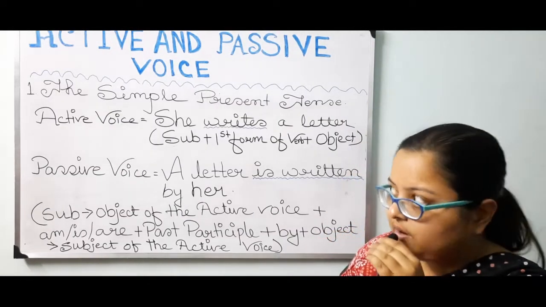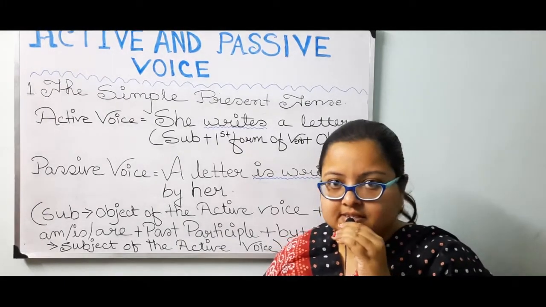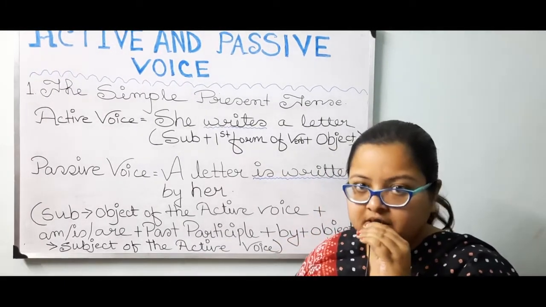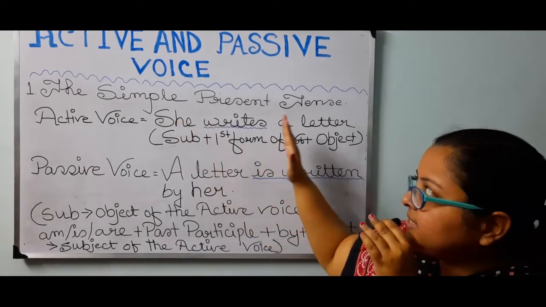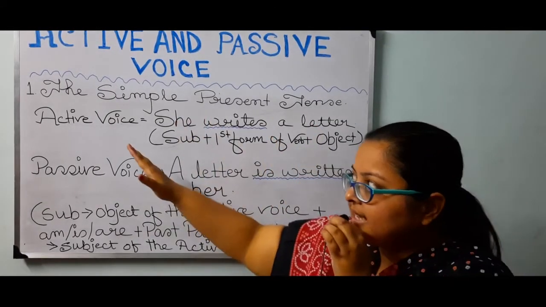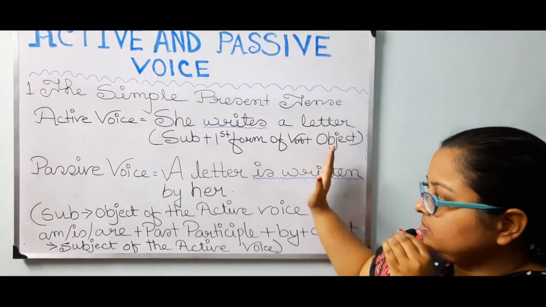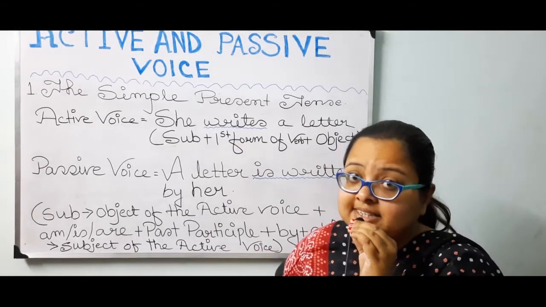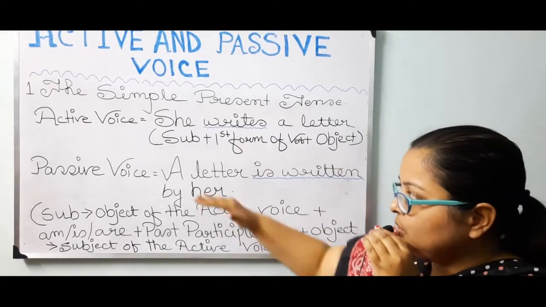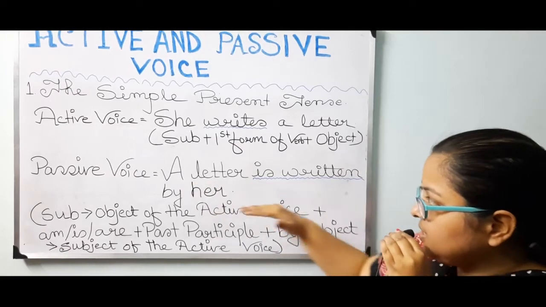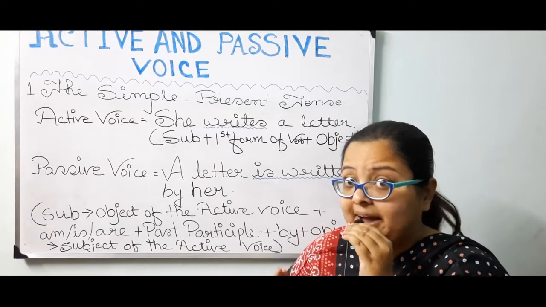Students, let us look first into the conversion of a sentence from active to passive when the tense is the simple present tense. In the active voice, she writes a letter. When the same sentence is changed into passive voice, it turns to a letter is written by her. Now, look at the format or the rule.